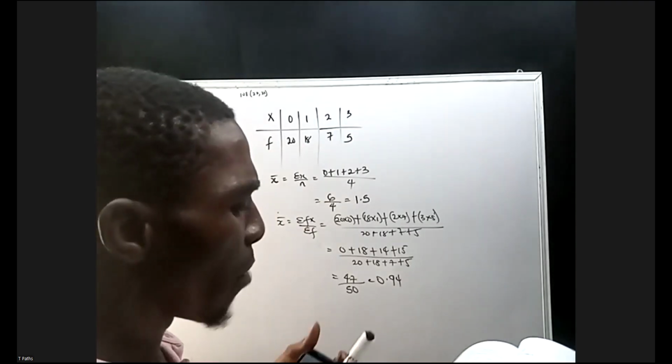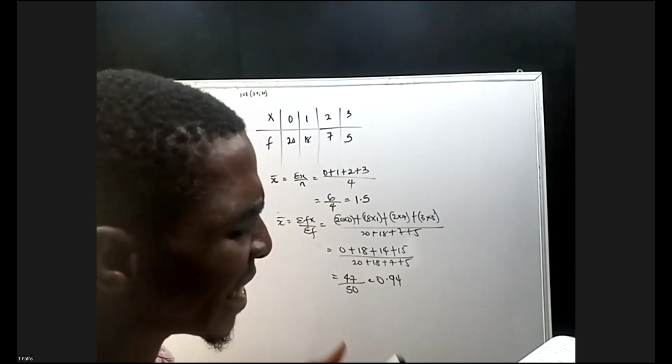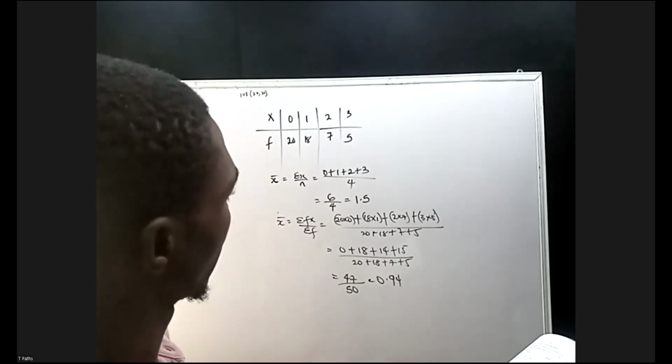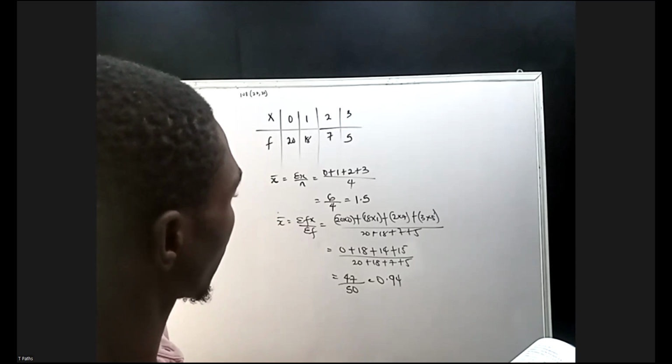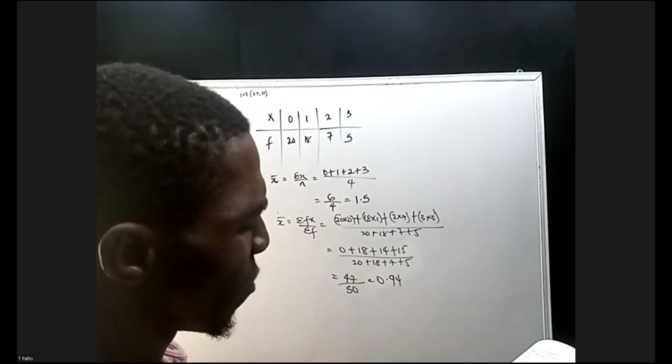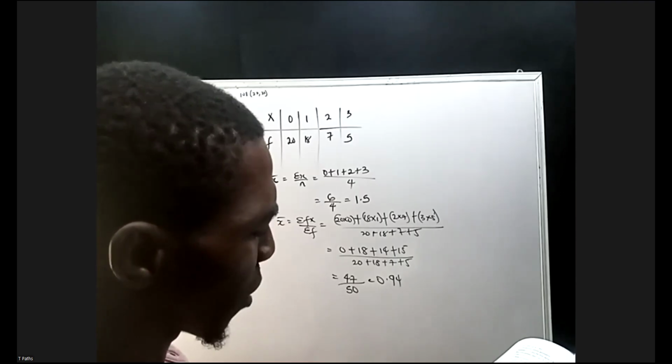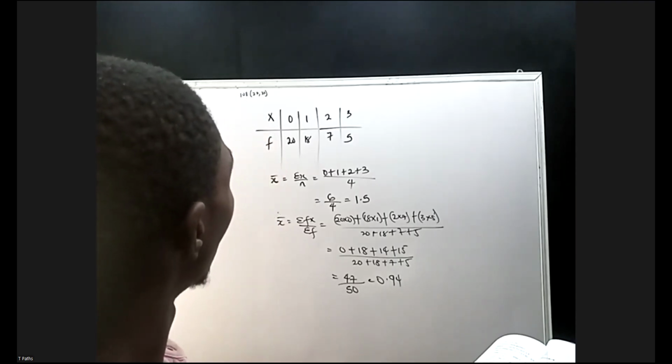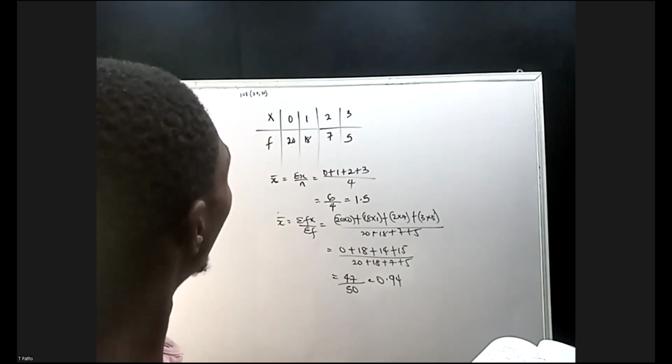But just because we don't have any 2 here, your median will be 1. Is that clear? Your median is 1 for the options here.